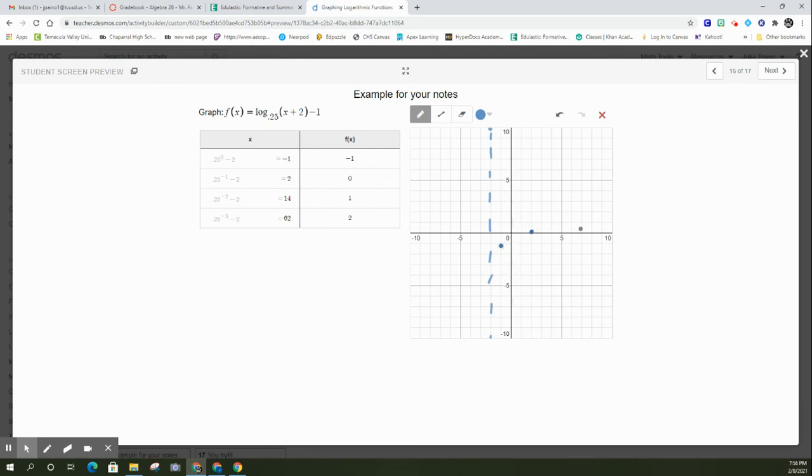The point 14, 1 is off the graph over here. As I draw this graph, make sure you don't go above 1 when you hit the edge there. So my graph's going to look something like that.